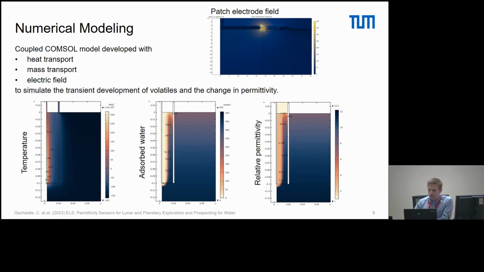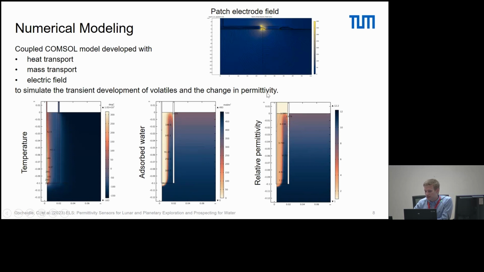To further understand the whole system, we modeled it in COMSOL. We have this multiphysics COMSOL model with heat and mass transport, and also for the electric fields. Just one snapshot of this transient analysis is here at 10 minutes of heating, where we increase the temperature of the regolith sample and desorb the water, so the permittivity changes, and so the capacitance also changes.